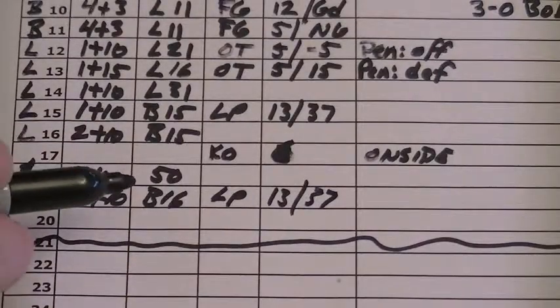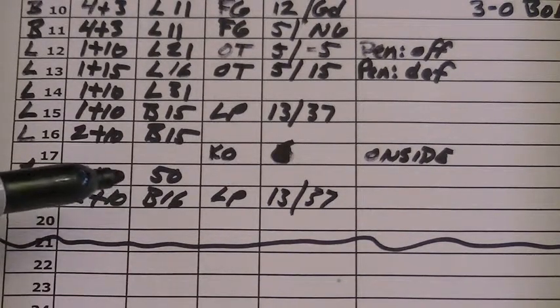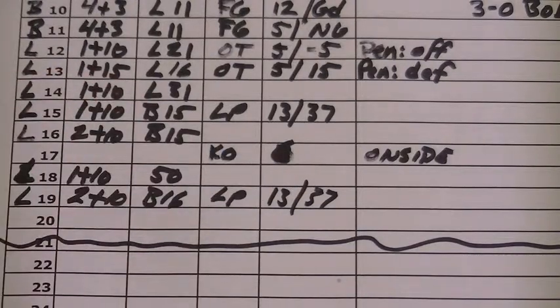Okay, the ball was on the 16. The end zone is 10 yards deep. So the longest pass that could be completed is a 26-yarder. He completed it for 37.